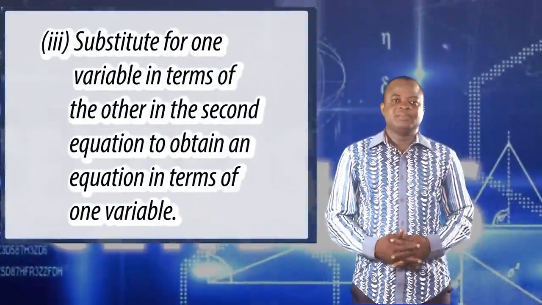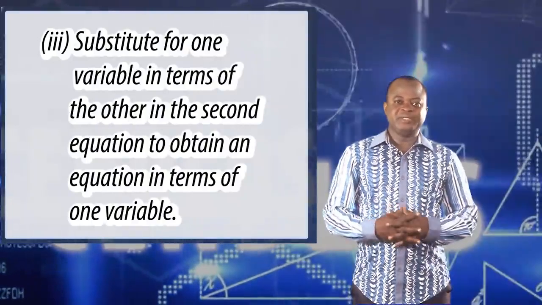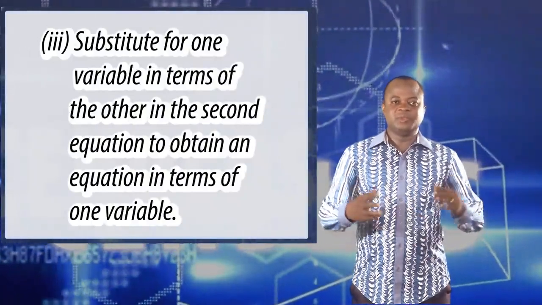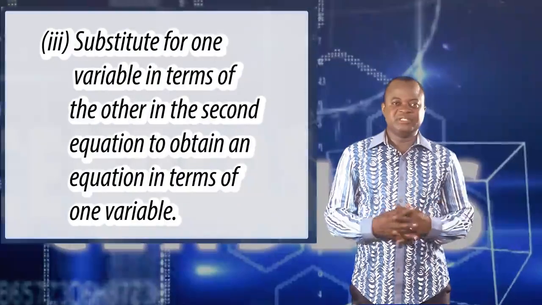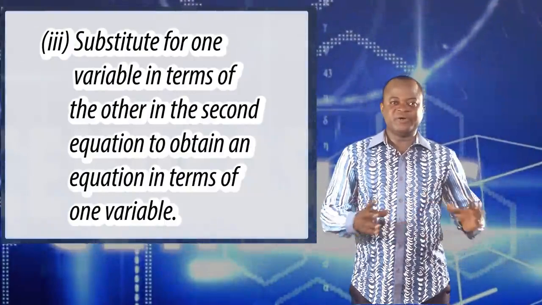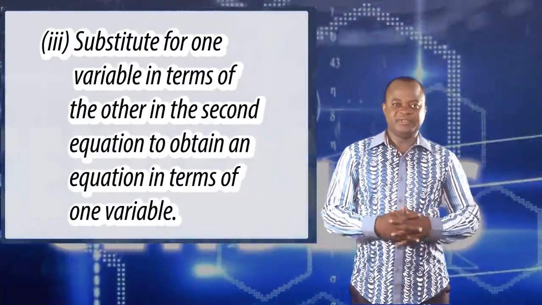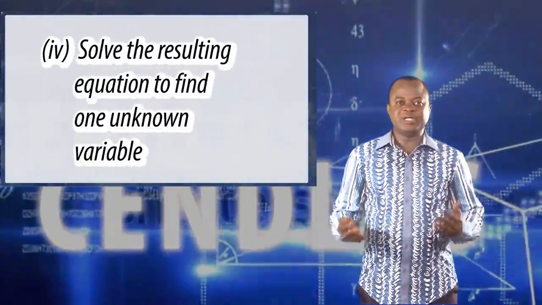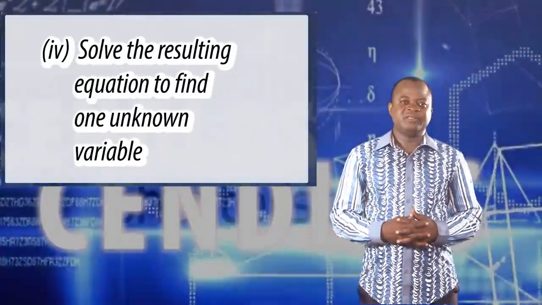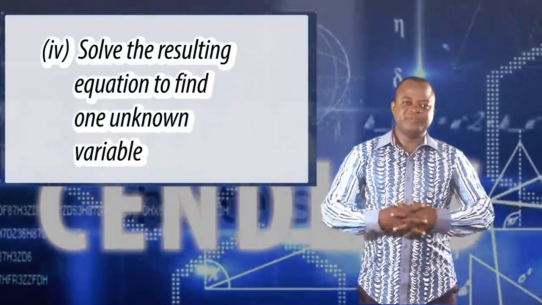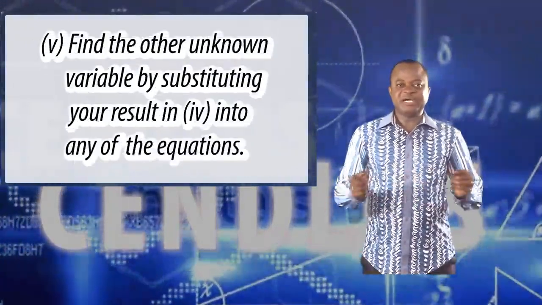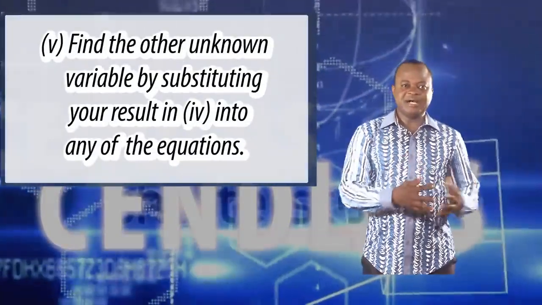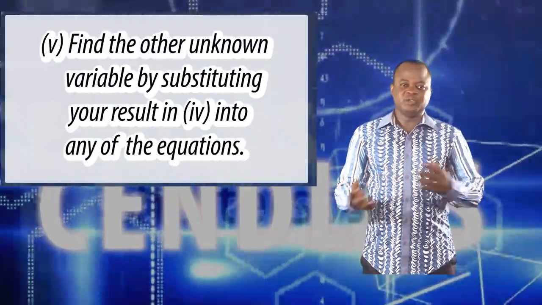III. Substitute for one variable in terms of the other in the second equation to obtain an equation in terms of one variable. IV. Solve the resulting equation to find one unknown variable. And finally, V. Find the other unknown variable by substituting your result in IV in any of the equations.